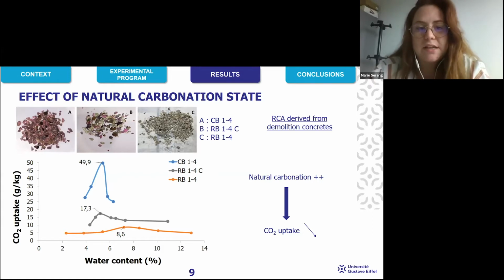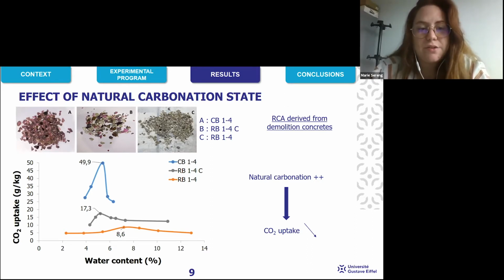And the third recycled concrete aggregates are RB14. After phenolphthalein spray, we can observe that they are totally carbonated because of a storage of 6 years before the accelerated carbonation tests. So on the graph, we can observe that CB14 has the highest CO2 uptake, 50 grams per kilogram, because they are not carbonated.